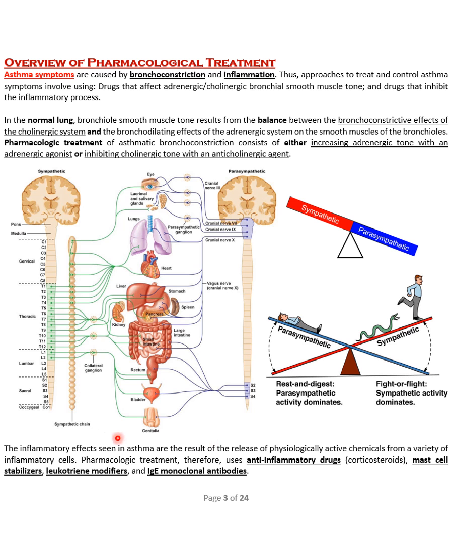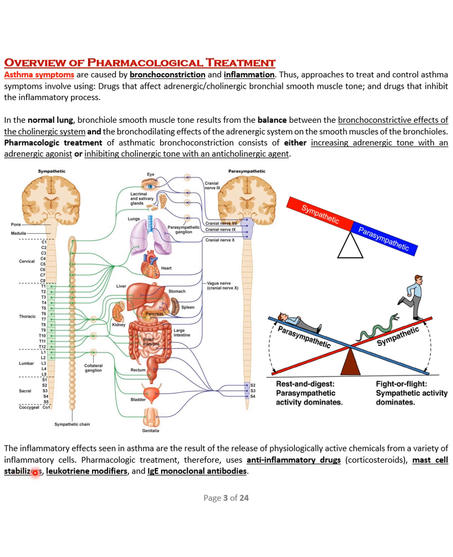The inflammatory effects seen in asthma result from the release of physiologically active chemicals from different inflammatory cells. And then, as we will see, to treat the inflammation, one way is to administer anti-inflammatory drugs, or to stabilize the mast cells, which have granules that release chemicals that cause the inflammation, such as histamine and serotonin.